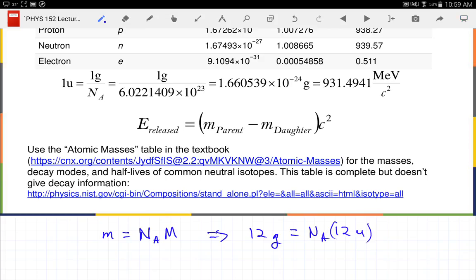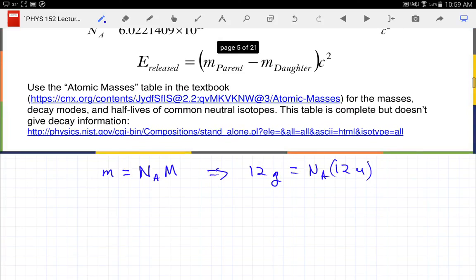And then solving that for what an atomic mass unit is, divide both sides by 12 and by Avogadro's number, and you get 1 atomic mass unit is equal to 1 gram divided by Avogadro's number. So that's the definition of atomic mass unit. If you know Avogadro's number, you know the atomic mass unit.